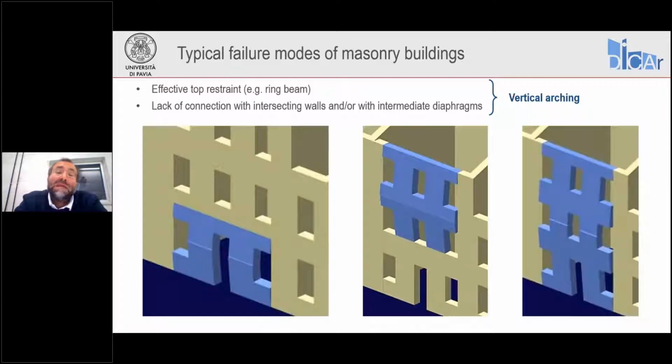However, if some of the connections with the roof or the floor diaphragms are sufficiently strong, then we may prevent this kind of overturning, and we may actually observe another mechanism, which is so-called vertical arching.